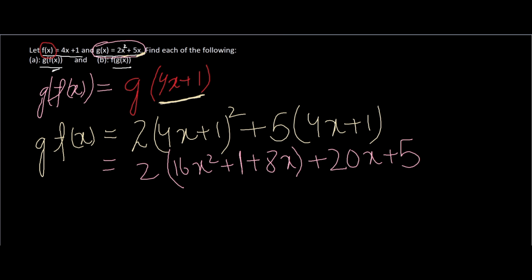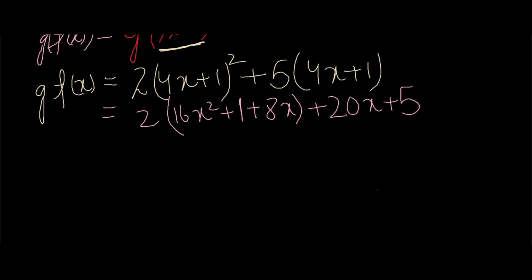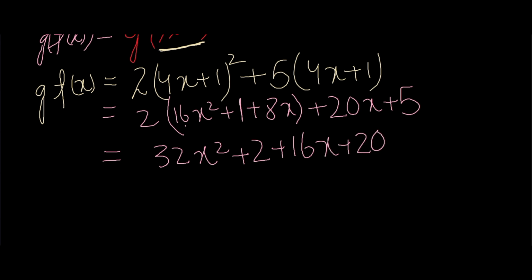Sorry, multiply the 2 inside. So 2 times 16x squared is 32x squared, 2 times 1 is 2, and 2 times 8x is 16x, plus 20x plus 5.